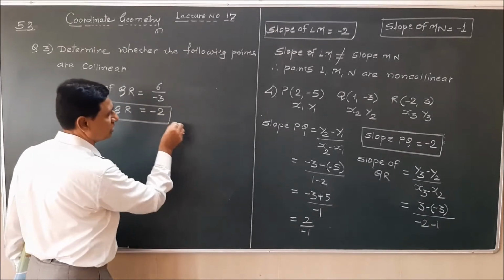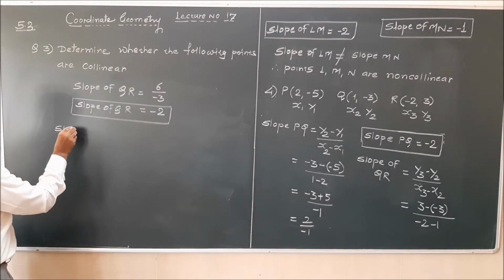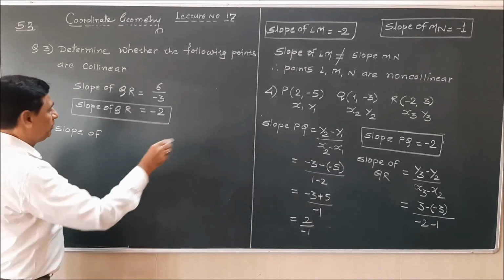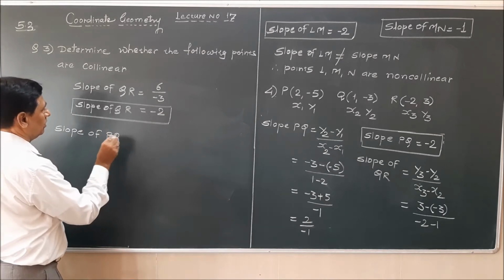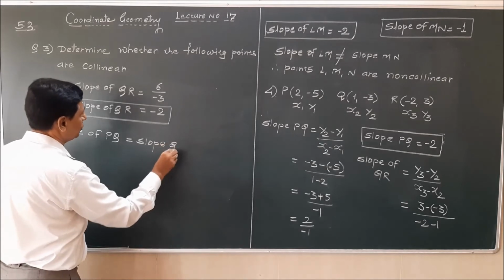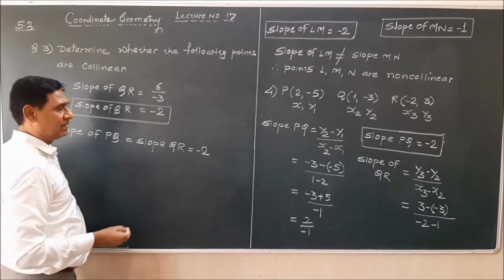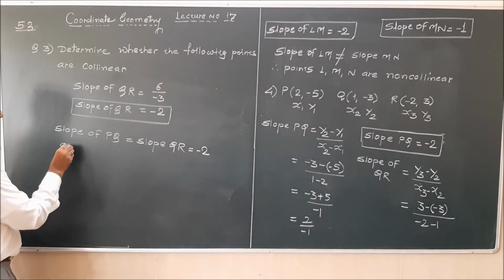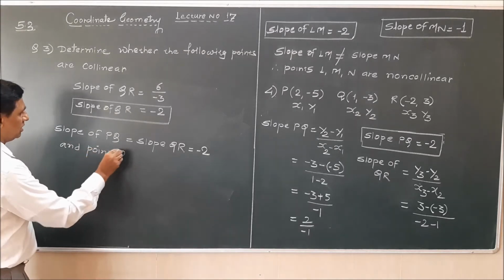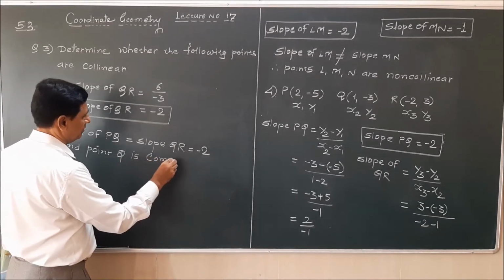Now for this question number 4, slope of PQ is equal to slope of QR is equal to minus 2, and point Q is common.